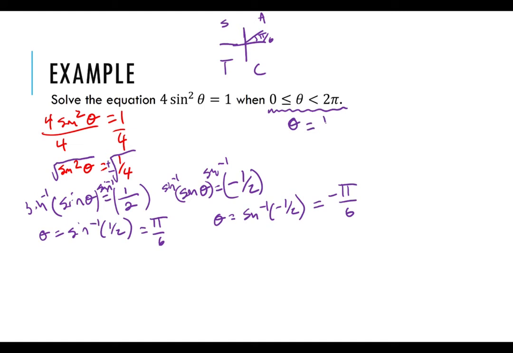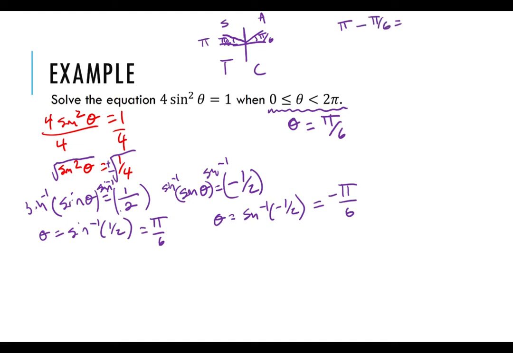I'll go ahead and write that down, pi over 6. But where else is sine positive? Well, sine is also going to be positive to get this positive 1/2 in the second quadrant. So I know I've got to deal with this reference angle of pi over 6. And so to find that angle, specifically you can take pi, because pi is the negative x-axis, minus pi over 6.